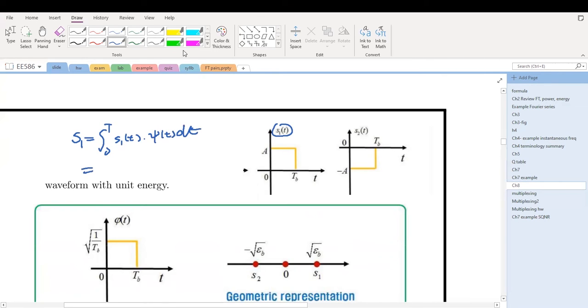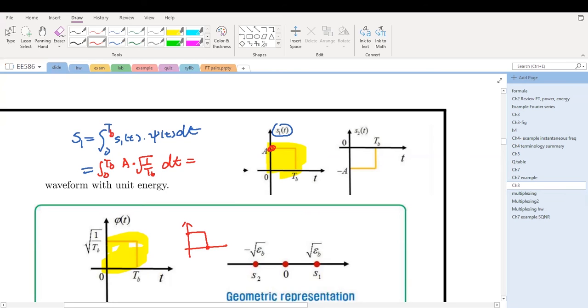So we multiply this waveform and this waveform together, and we do the integral from 0 to Tb. This magnitude here is A, and this is the square root of 1 over Tb. So when we multiply this together, that's another rectangular. What's the magnitude? The magnitude is A multiplied by the square root of 1 over Tb.